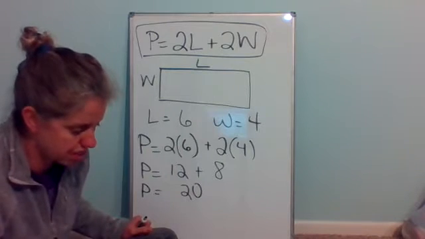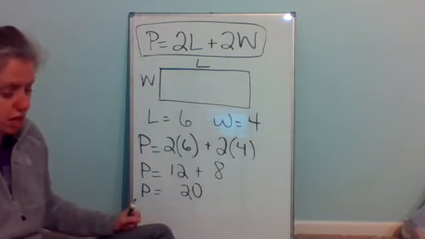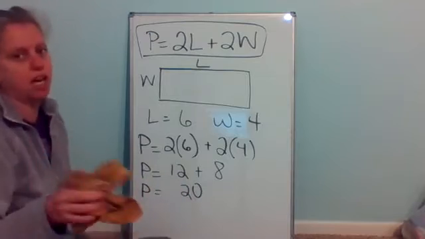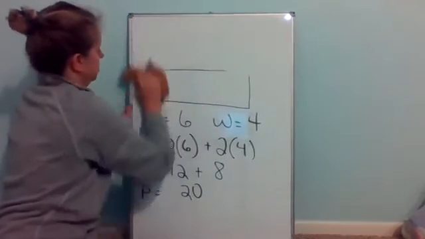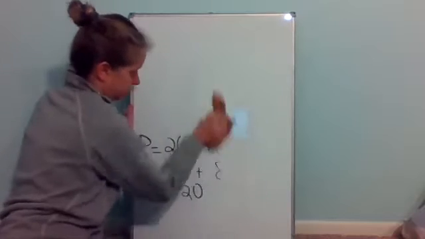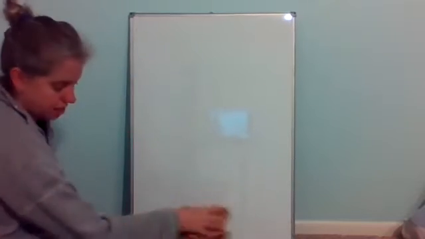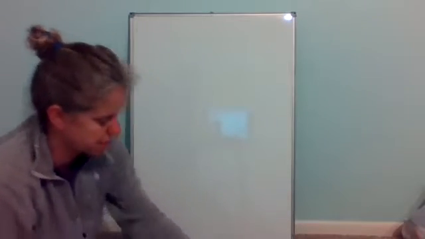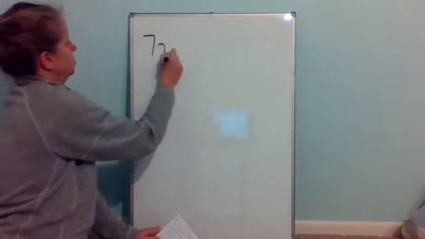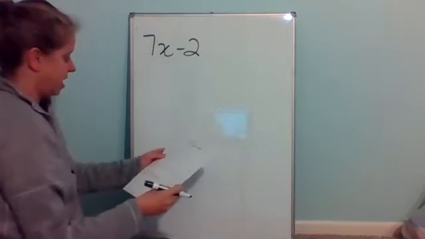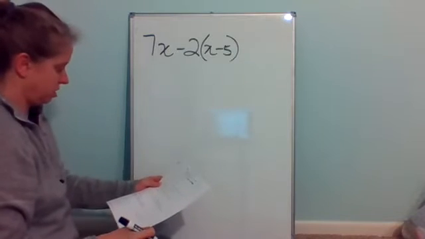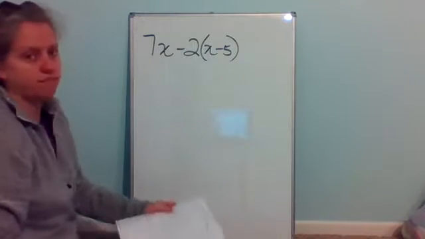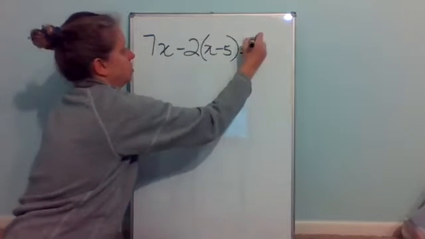All right, number 2 says solve the equation. It gives us an equation that it wants us to solve, and we did a lot of this in Chapter 2. The equation is 7x minus 2 times the quantity x minus 5, equals 5x plus 2.